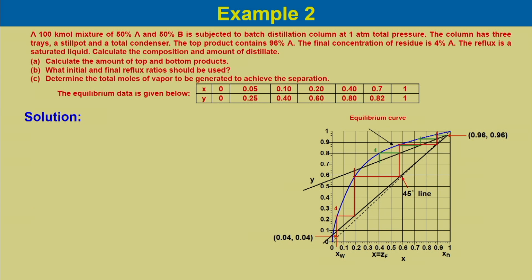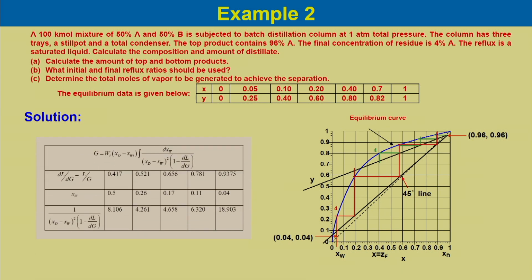So, the equation which is known to you is G equal to Wi into xd minus xwi, integral dxw divided by (xd minus xw) square into (1 minus dL by dG). So, this dL by dG is L by G. So, this is the reflux ratio we maintain or we vary, R is equal to L by G.